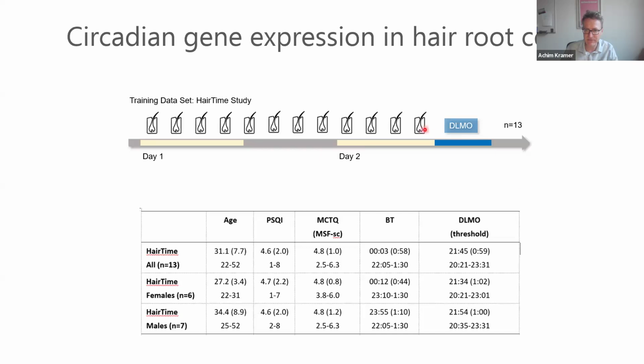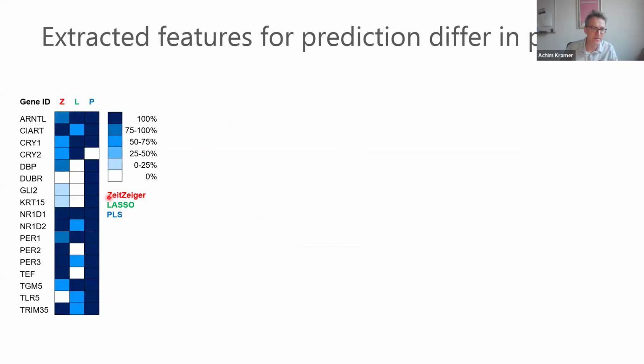Because every one of these samples got now a timestamp in relation to this DLMO value, which is the internal time. So we had 14 times 13 samples. Every sample had a timestamp.